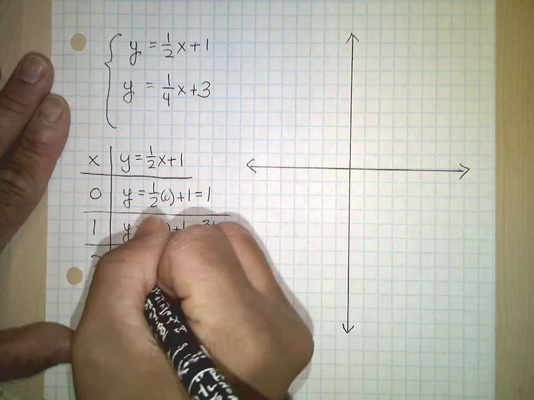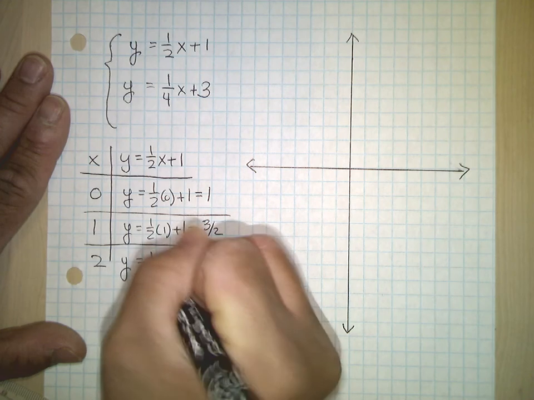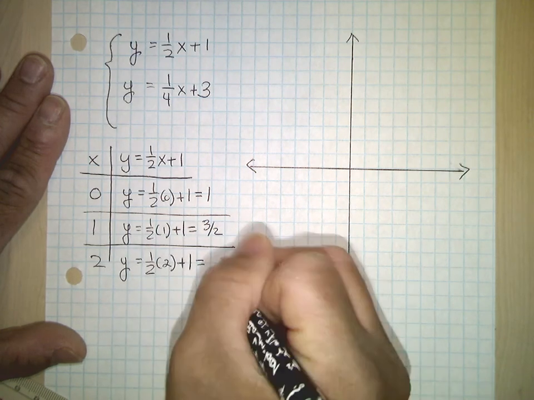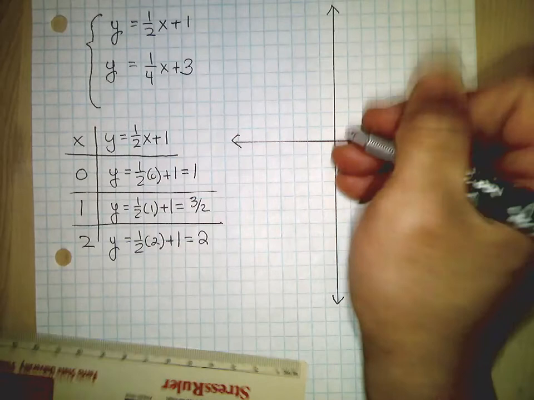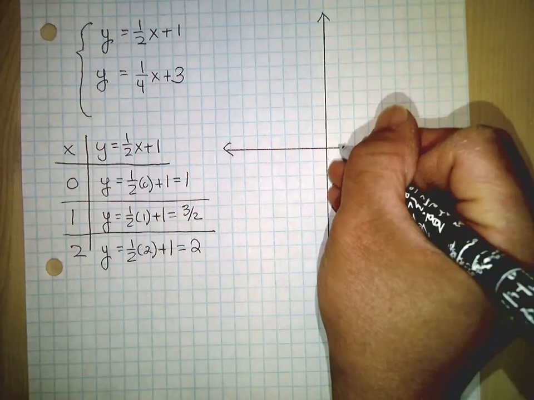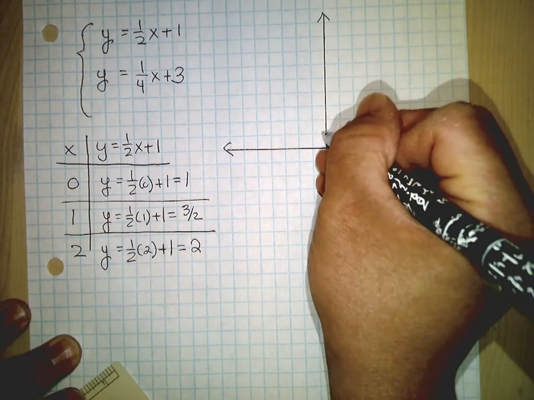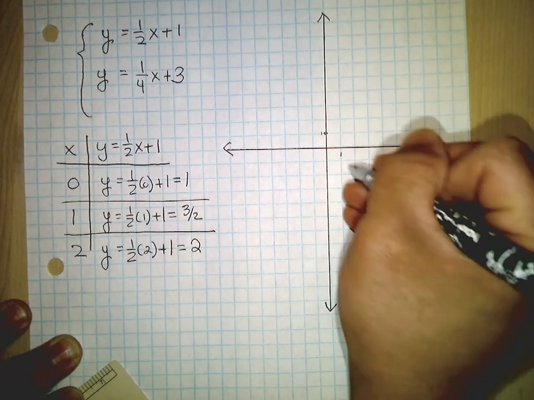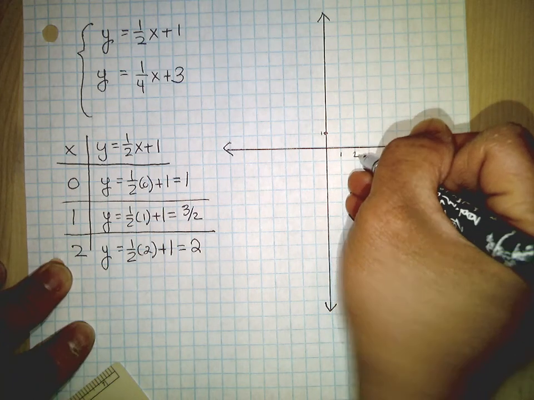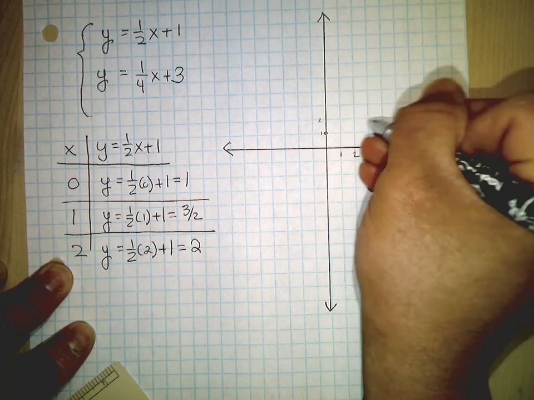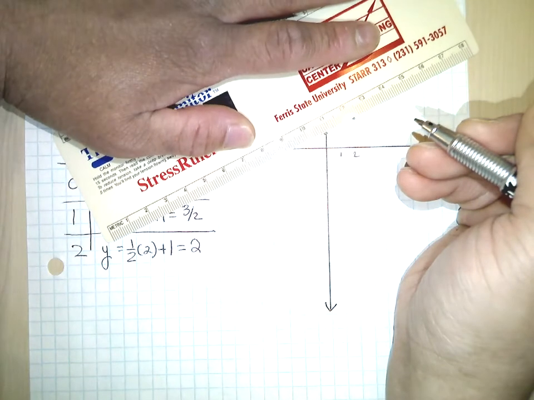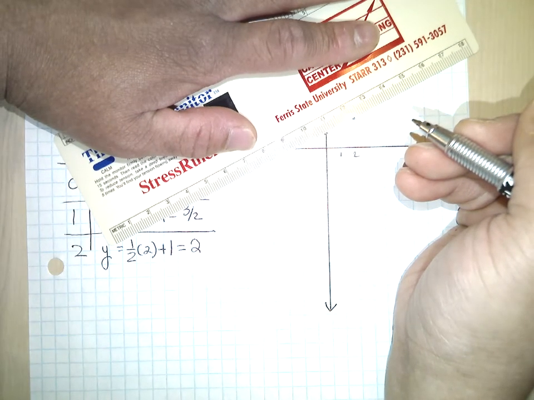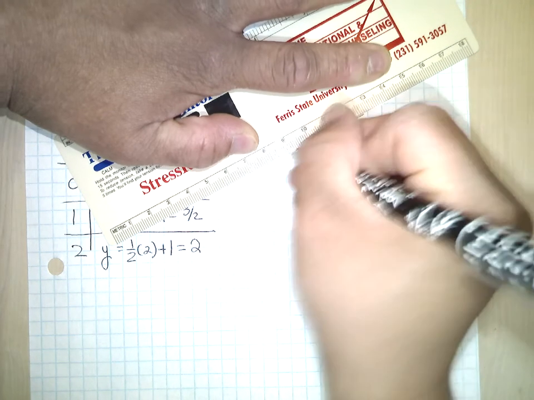If x is 2, y is 1/2 times 2 plus 1, which is 2. So here we go. I can graph these points, 0, 1, and 2, 2. And here we go. Here is the first line here.